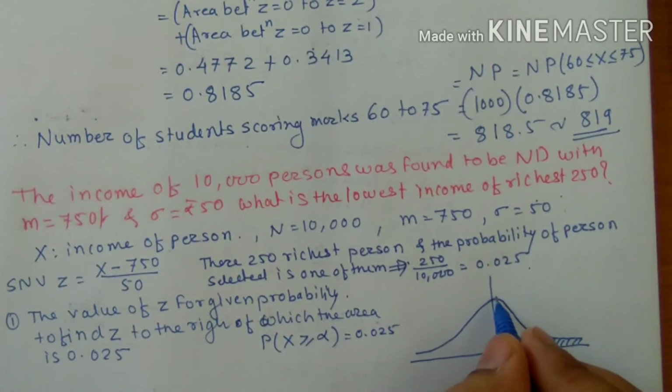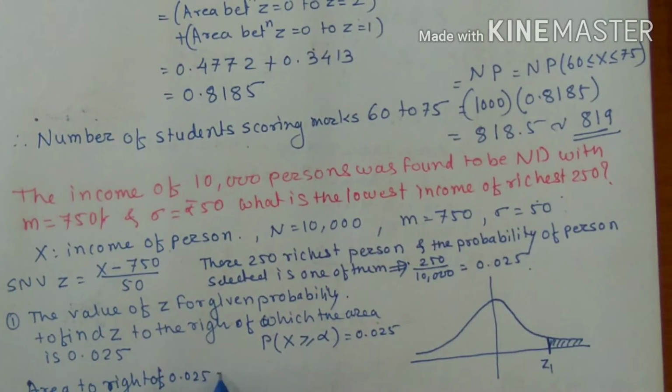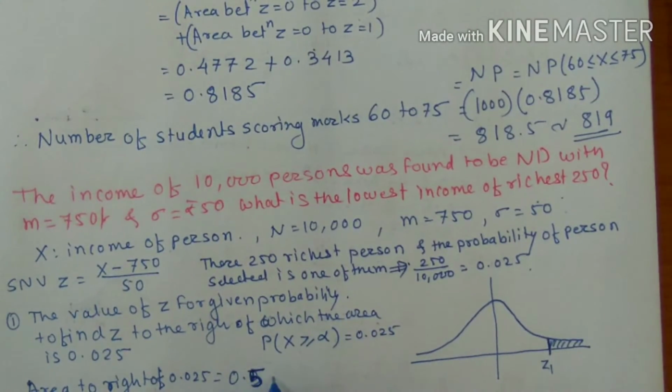We know that the total area to the right of the y-axis is 0.5. So, the area is equal to the total area 0.5 minus this known area 0.025.